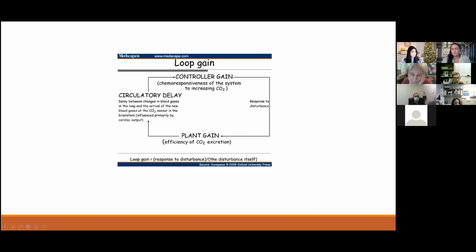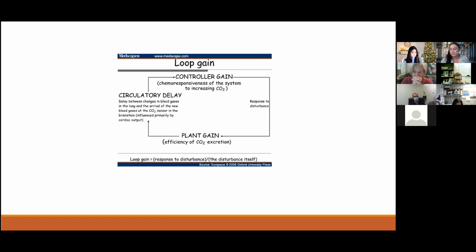And why it happens in heart failure is there's actually a circulatory delay. That's why you have that 40-second threshold. So you can think about it, if your heart's not pumping efficiently, it takes that red blood cell and the gases in that blood, circulating through your whole body, a long time to get from your LV all the way around back to your LV. So there's a delay in sensing changes in your CO2 and pH levels.